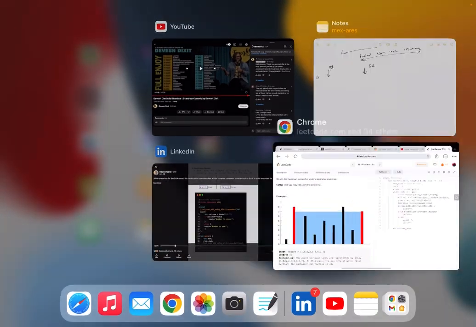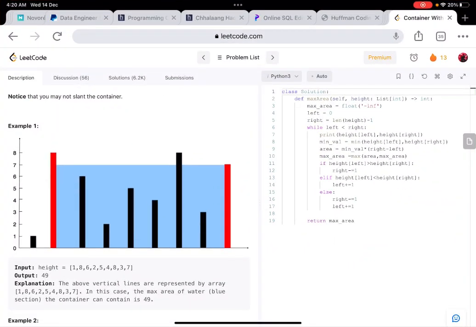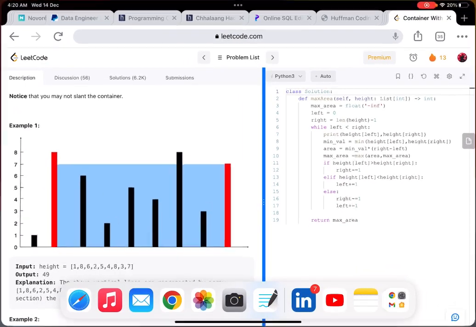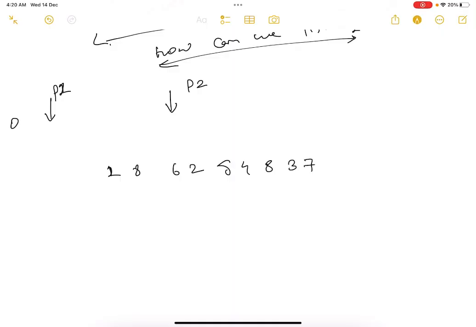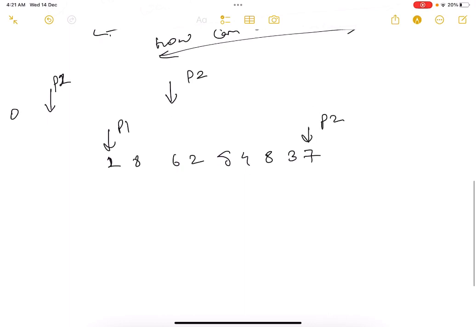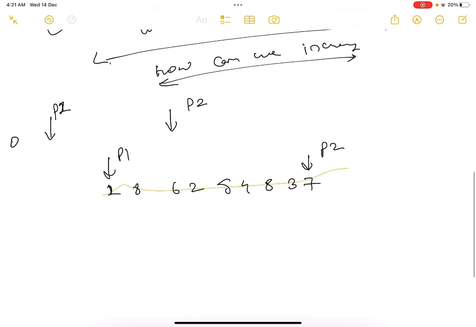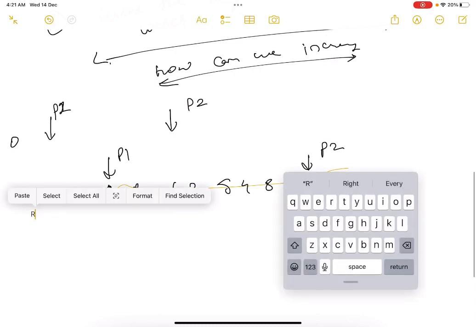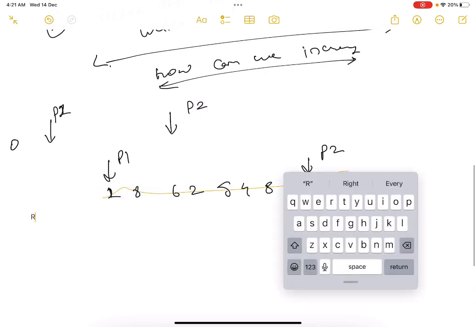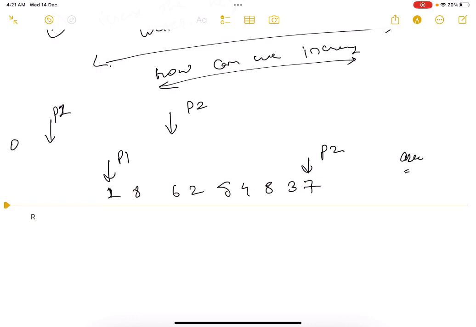So the example which is given here, 1 8 6 2. So here we initialize two pointers. Here the area would be 7 and 1, minimum. We have to select the minimum and their index difference, which will be 0 1 2 3 4 5 6 7 8. So 8 will be the area.